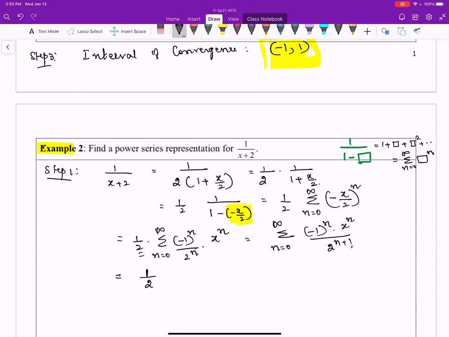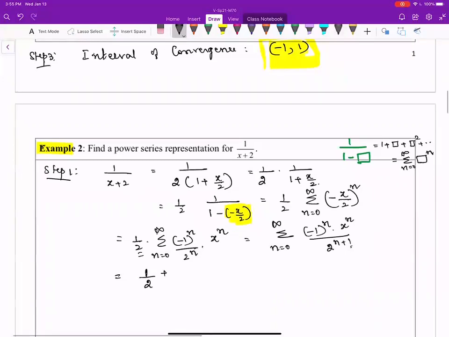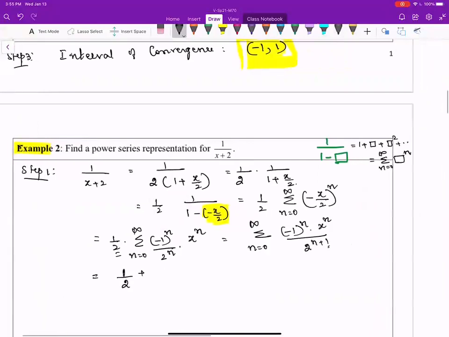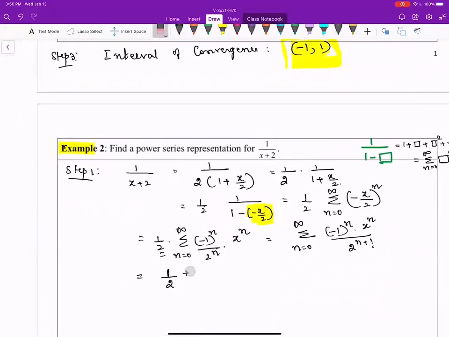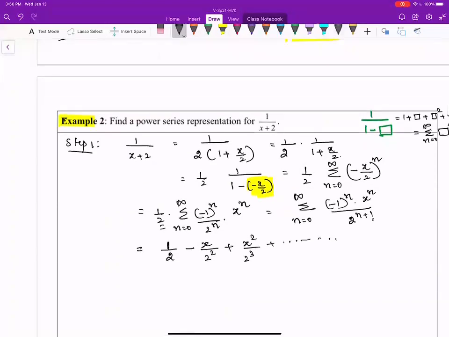Then n equal to 1 will be negative x to the power 1 divided by 2 squared. Then n equal to 2 will be positive x squared divided by 2 cubed, etc. The terms are going to be alternately positive and negative.